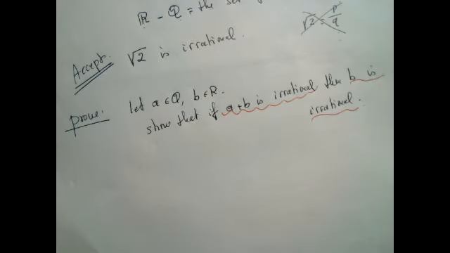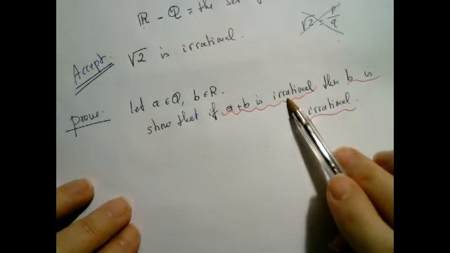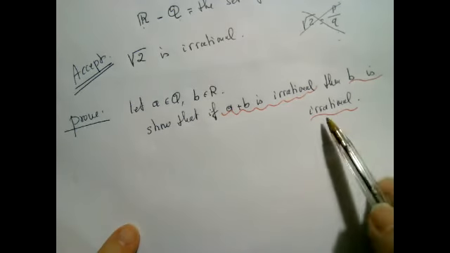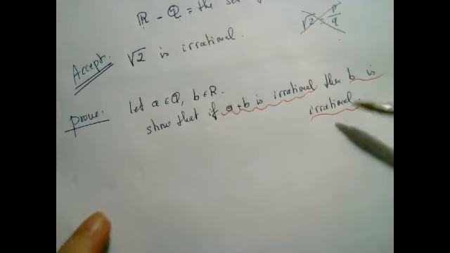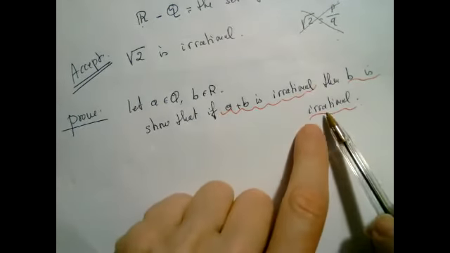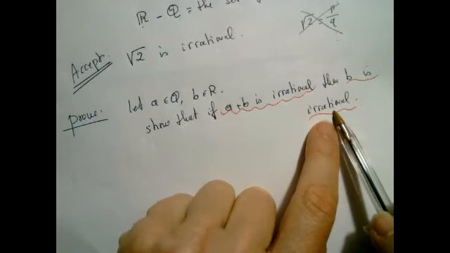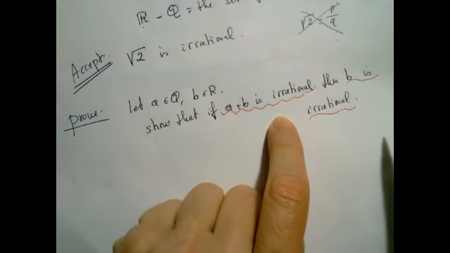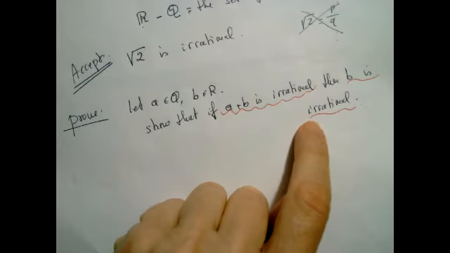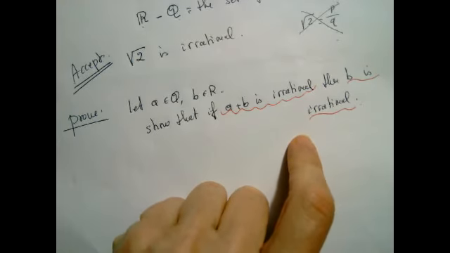Right? So I want to show if something is not this, then the something is not that. That we barely understand, actually. So it will be easier if I do the contrapositive, that if this is rational, then this is rational, and there is more hope in the proof.